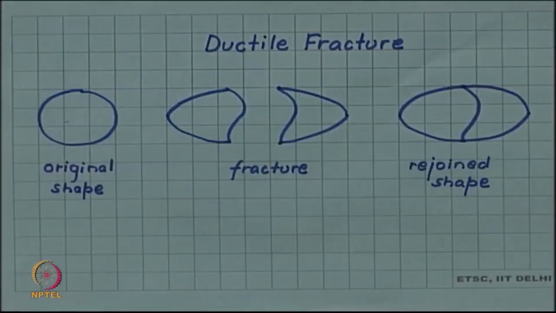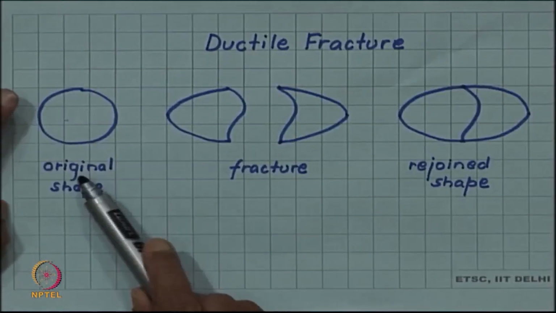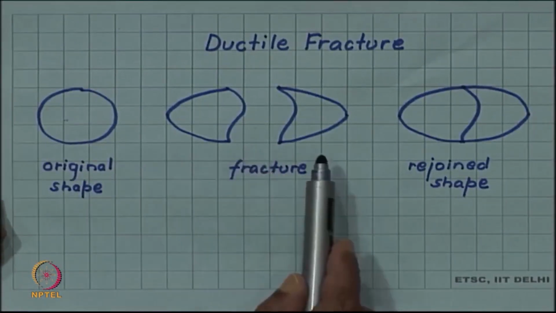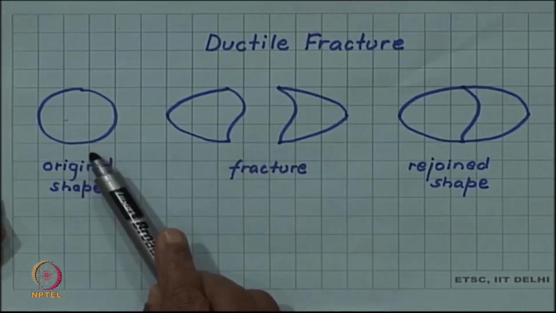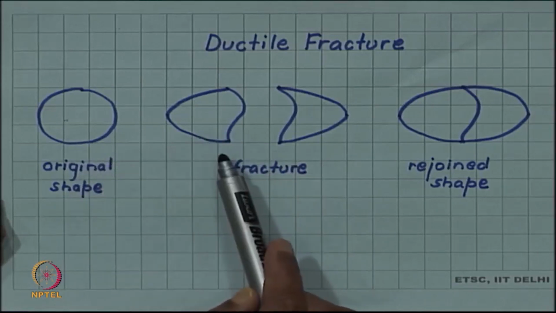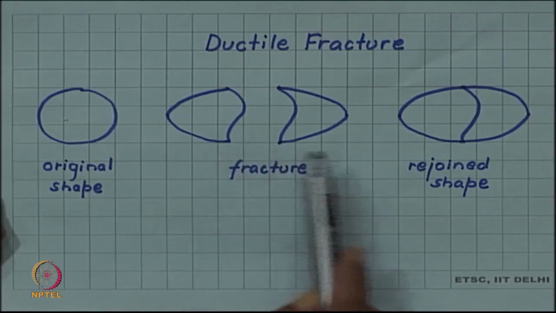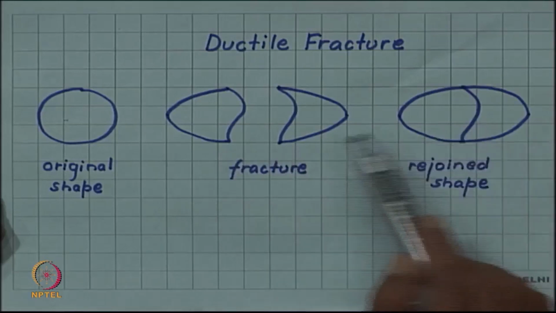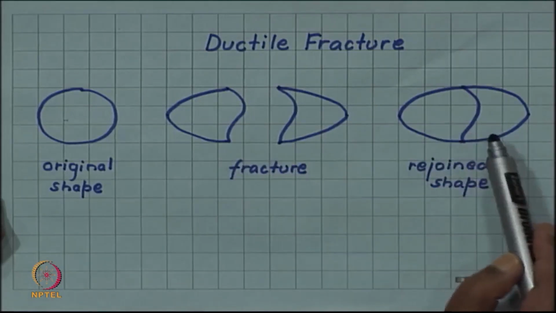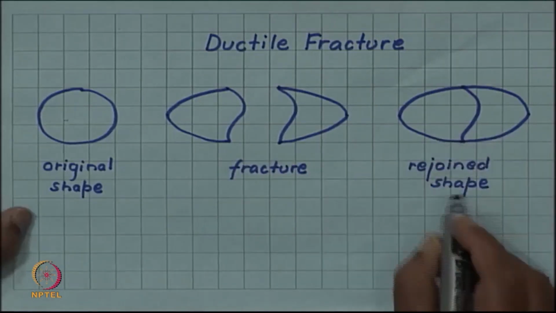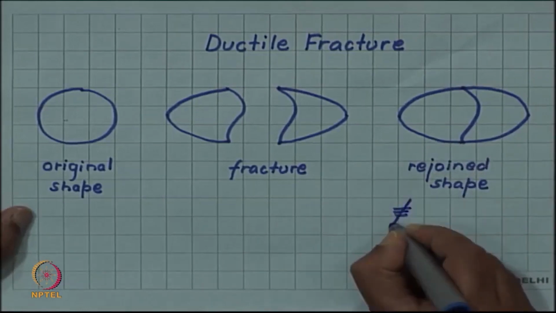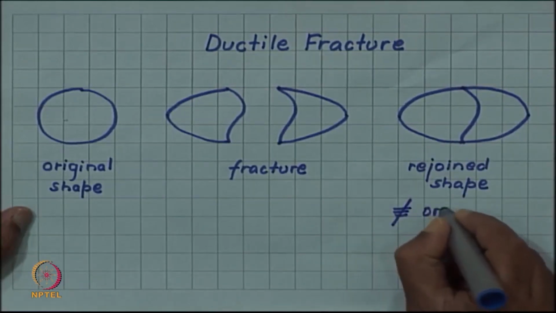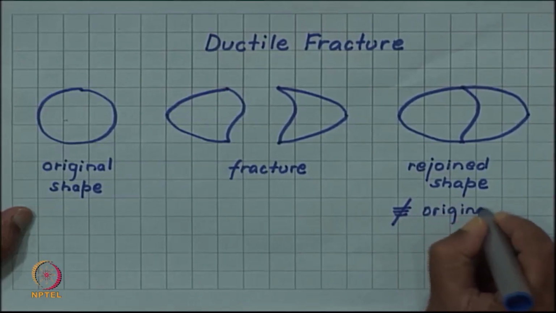In ductile fracture, there is significant plastic deformation before fracture happens. So, the original shape deforms plastically before it cracks. In this case, if we rejoin the cracked pieces, we will not recover the original shape. This is not the same as the original shape.